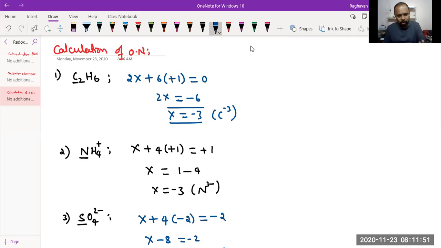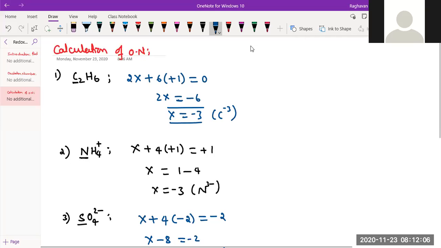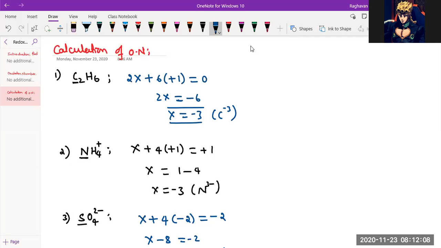Nitrogen in the ammonium ion has 3 negative charge. It need not be the same, need not be different. The student is asking whether -3 and 3 minus are the same. Yes, it is more or less the same.